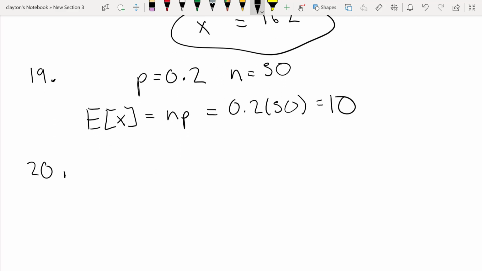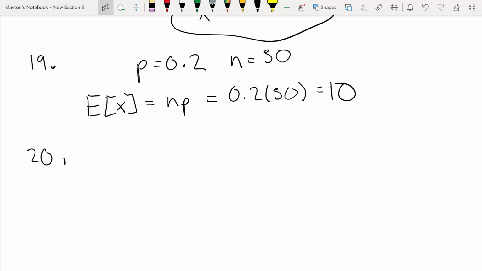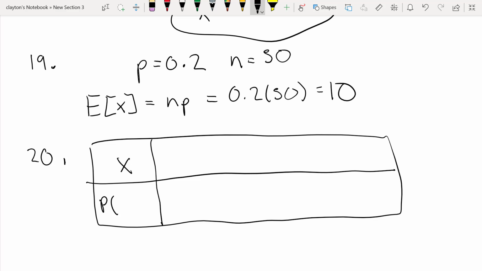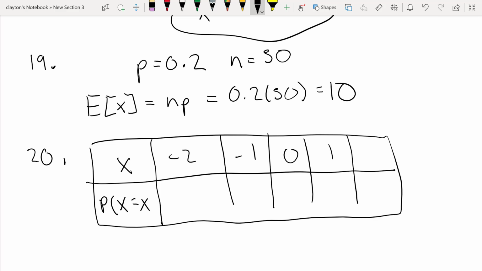20 says a random variable x has a probability distribution table as shown. Okay, so let's go ahead and make our chart. And again, they leave the chart partially blank for us to fill out, but it's fairly easy based on the fact that the probabilities have to add up to be 1. And so we have -2, -1, 0, 1, and 2.